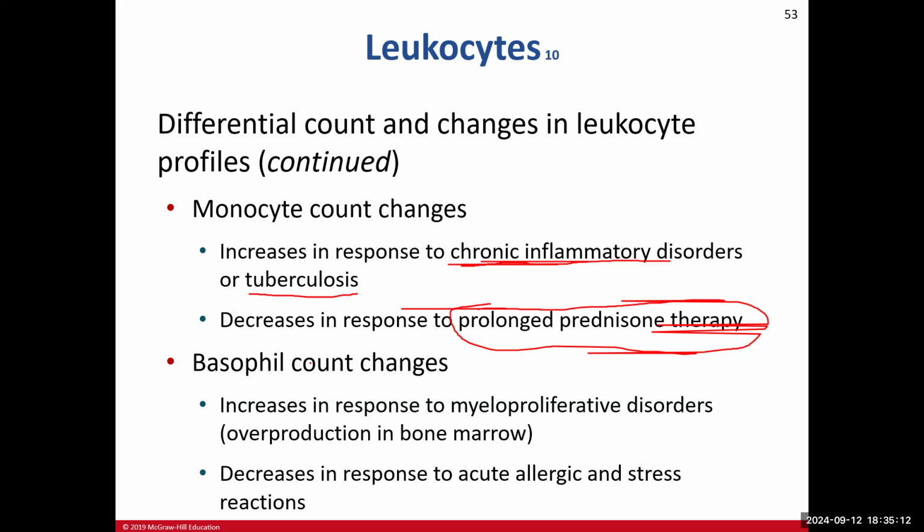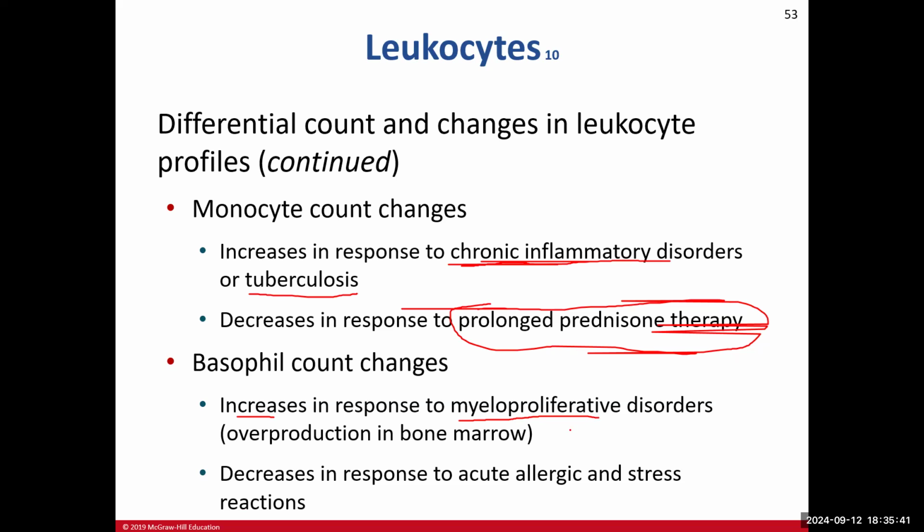Absolutely. All right, basophils. If we see an increase in basophils, this we're going to see in myeloproliferative disorders, and those are disorders that affect your bone marrow. For example, leukemia can affect bone marrow response, and so when you see an increase in basophil counts, that tells us that the bone marrow is producing quite a bit, and we have to question why that is.